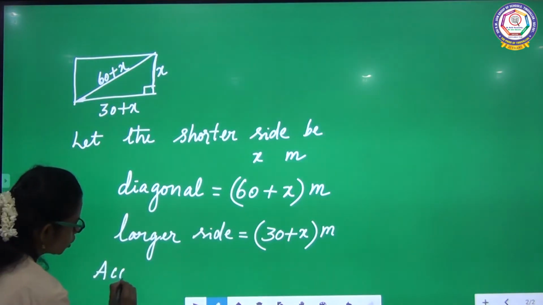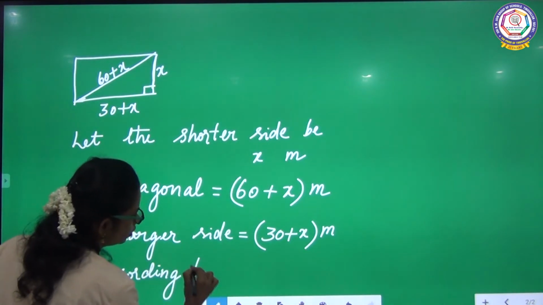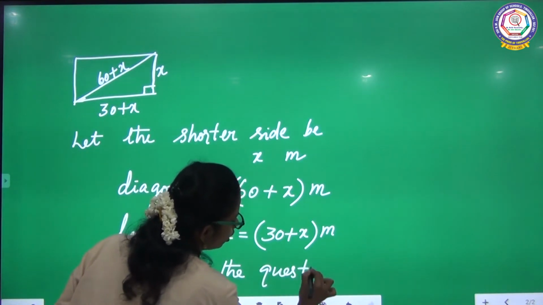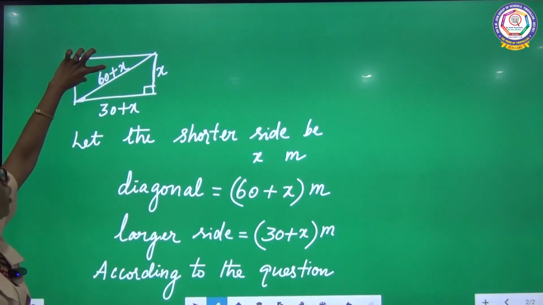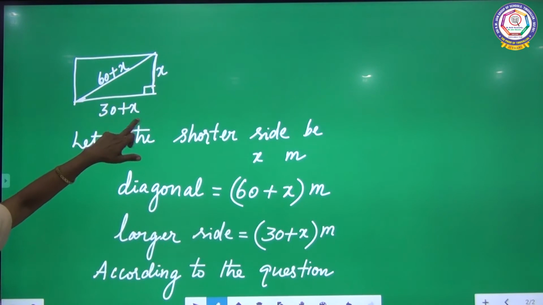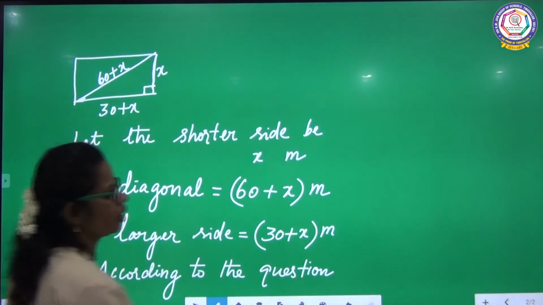According to the question, how to write? The square of the hypotenuse, that is 60 plus x the whole square, equal to 30 plus x the whole square plus x square.